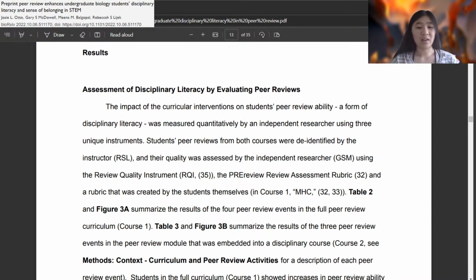The impact of the curricular interventions on students' peer review ability, a form of disciplinary literacy, was measured qualitatively by an independent researcher using 3 unique instruments. So qualitatively just means measured based on numbers, and they used 3 instruments.